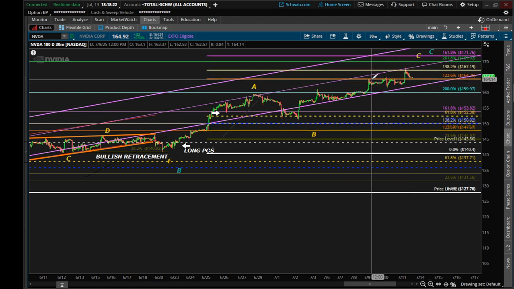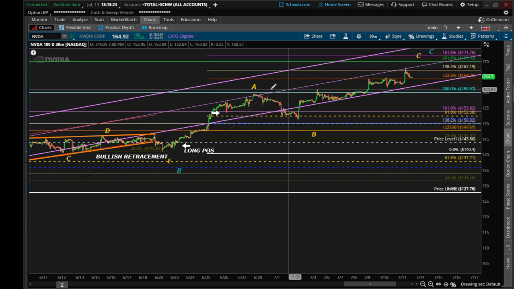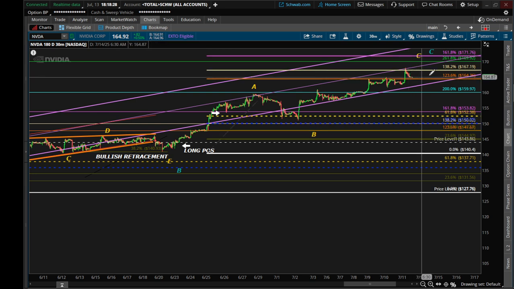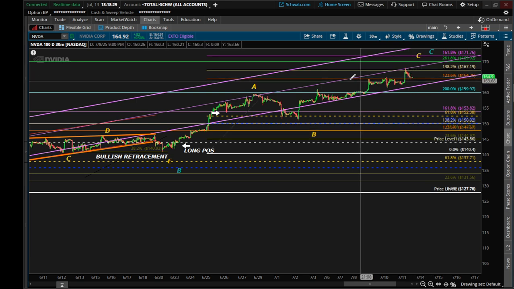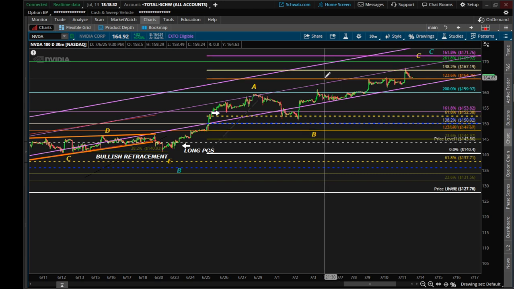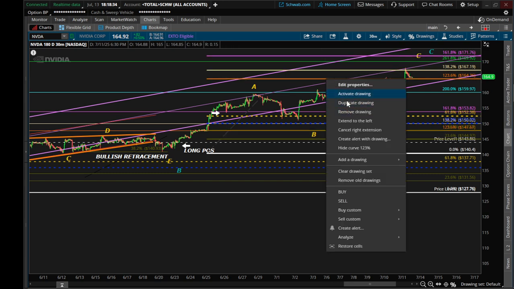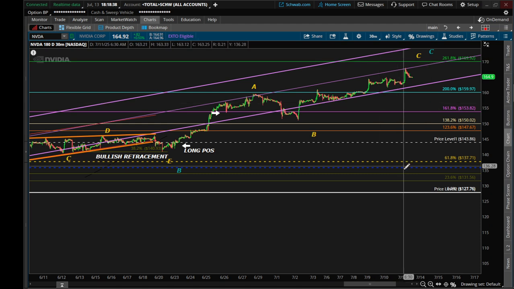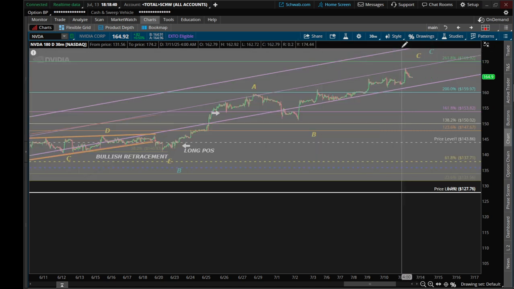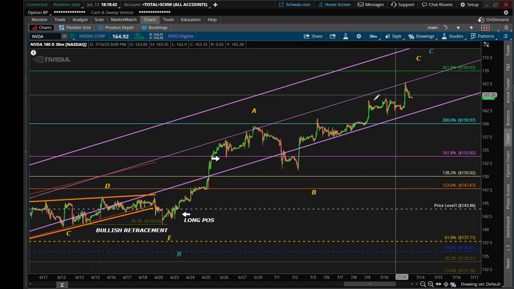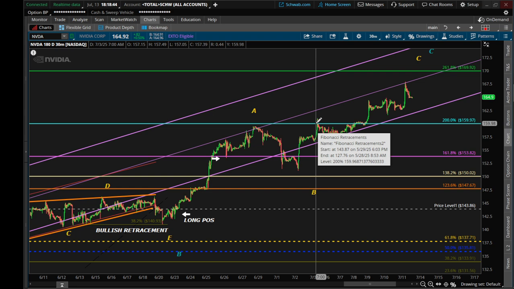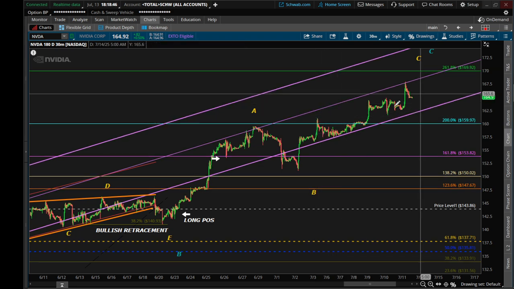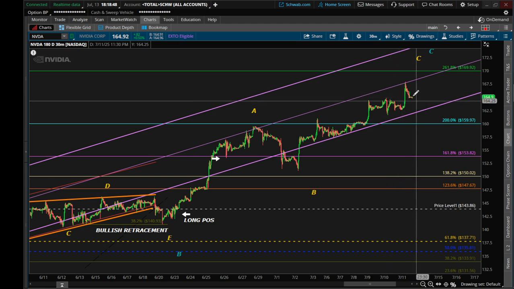You can see they hit both of them while staying above our A wave, so this was still bullish. It's still bullish right now. Yeah, so there's a little future track to see how you can do on that one. Like I said, I didn't want to get too much into that, and you can see that we're still in the pitchfork, but we're on the low end of it.